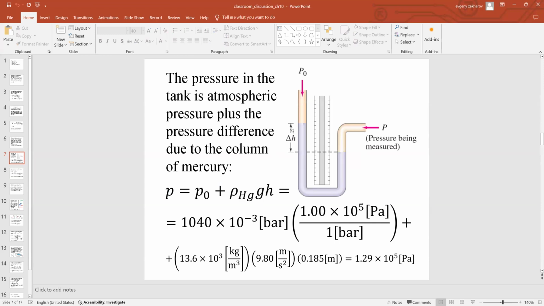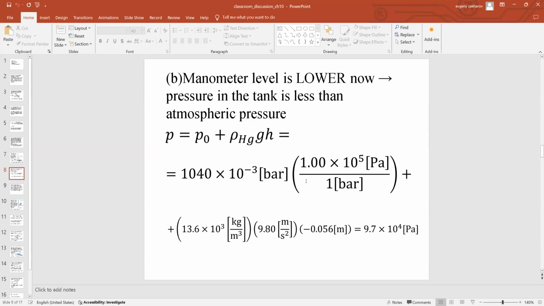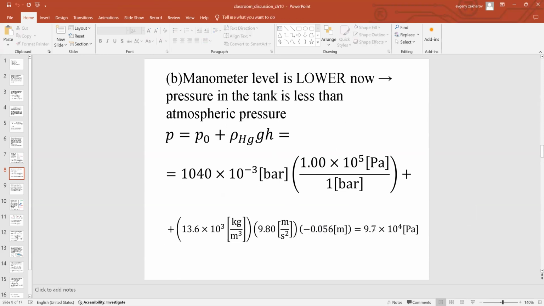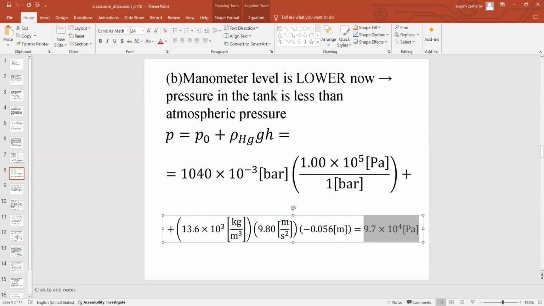and instead of doing delta h as a positive value here, you had 18.5 centimeters on top of the manometer. Now it's going to be 5.6 centimeters below the level. And if it's below, then the change is opposite, the change is negative, and the result is less than atmospheric pressure, which is shown in the solution.